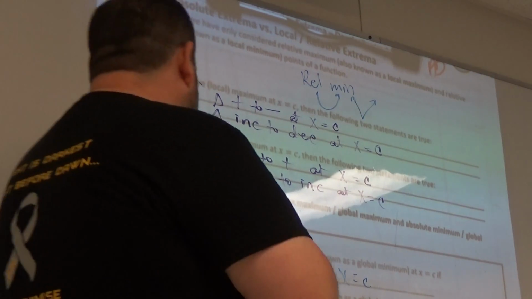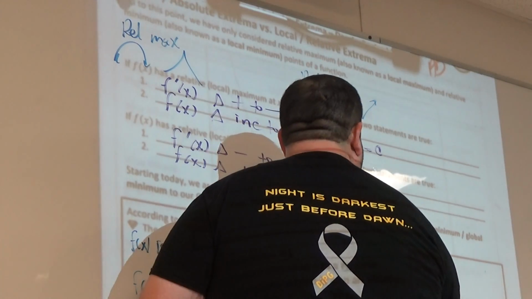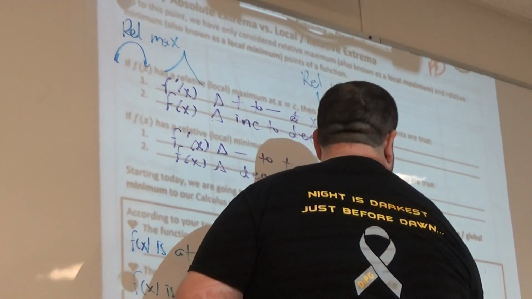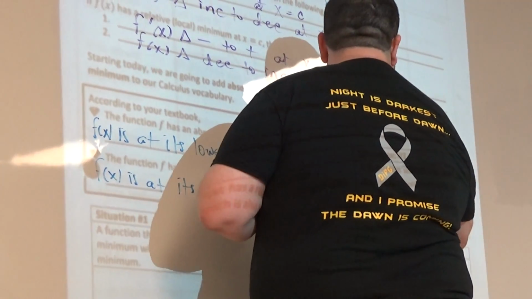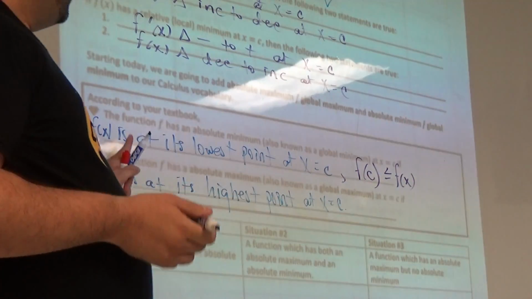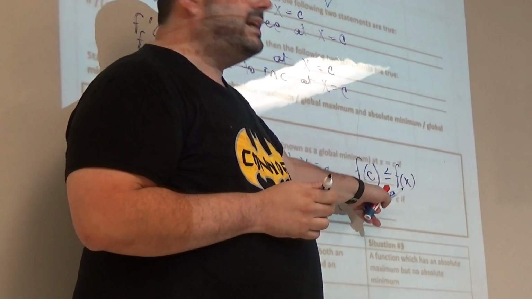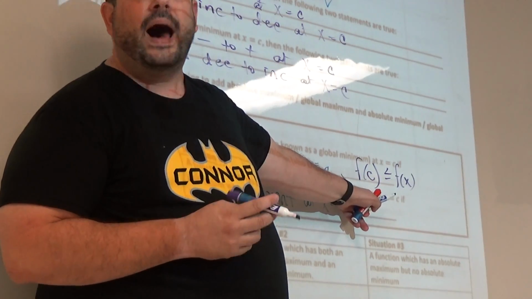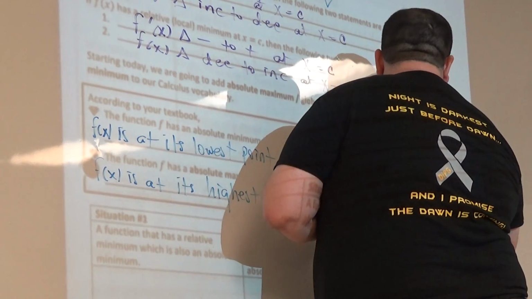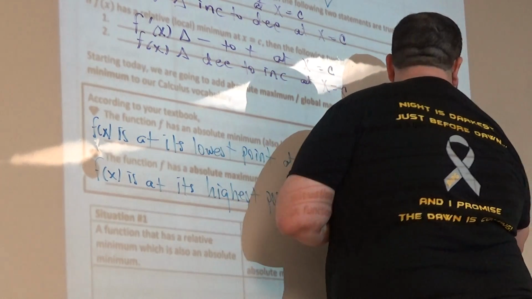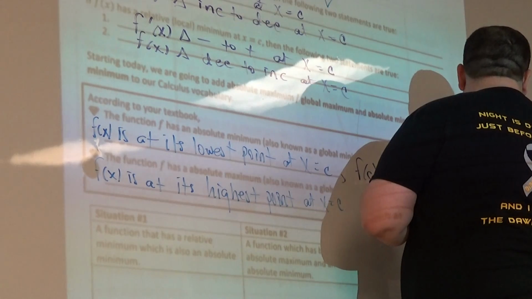Now, some textbooks, because they want to get a little bit fancier, what they're going to say for absolute min is that f of c is less than or equal to f of x. So you have the lowest point at x equals c if f of c, the y value, is less than or equal to f of x for all x in the domain of f.